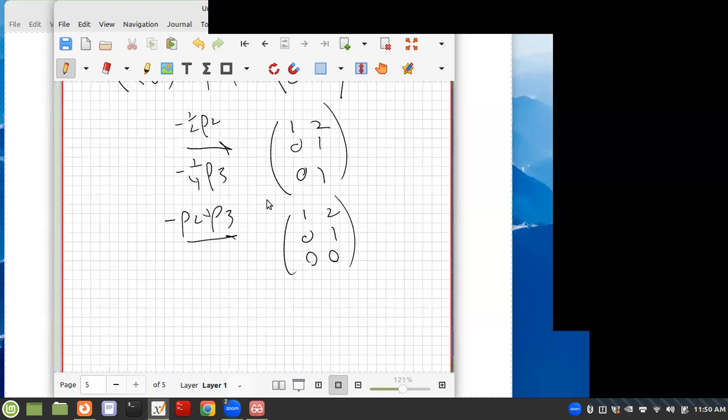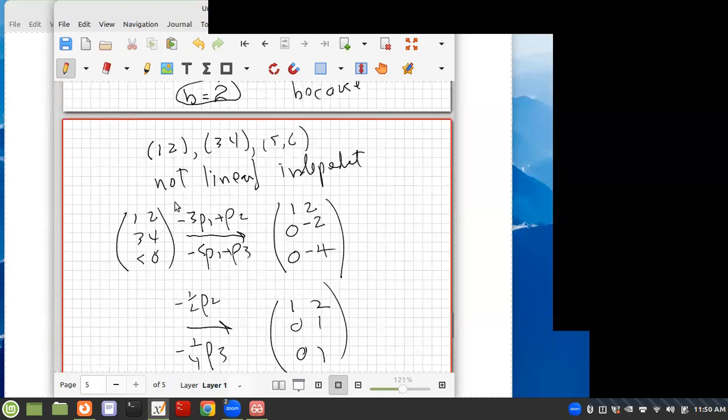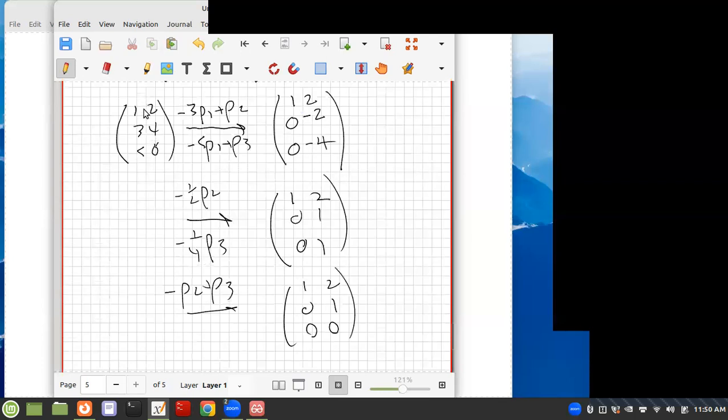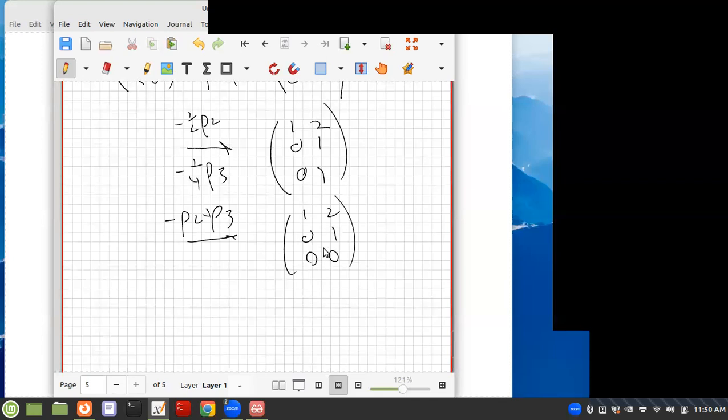Now because these are row operations, the span of this row space up here is still spanned by these vectors, because that's a theorem: doing Gauss's method doesn't change the span of the row space. So the span of these 3 rows is the same as the span of these 2 rows.